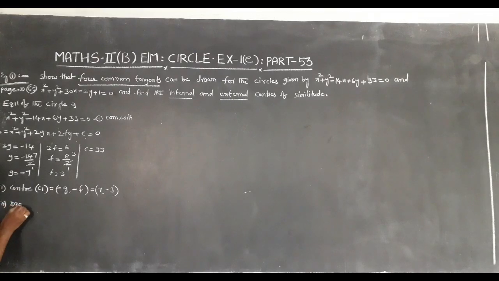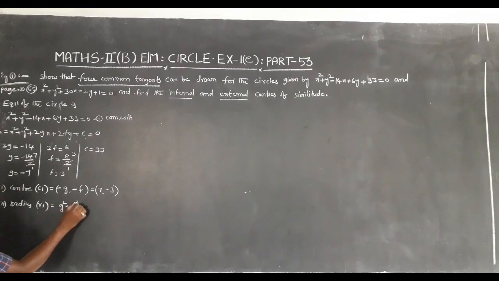Second one is the radius. R1 is equal to under root of g square plus f square minus c.